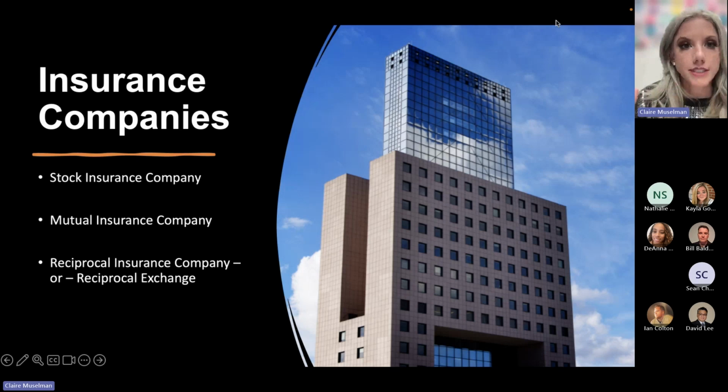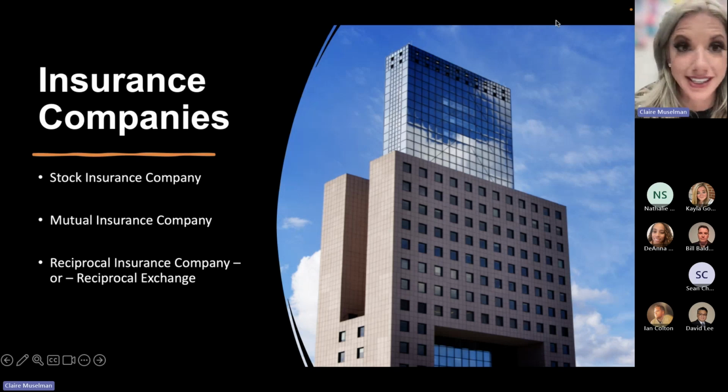Farm Bureau is an example of a mutual insurance company. When there is excess, instead of paying dividends back to the stockholder, policyholders can reap the benefit of that. Prudential is an example of an insurance company that was owned by its policyholders, but then decided to change and became a stock insurance company.